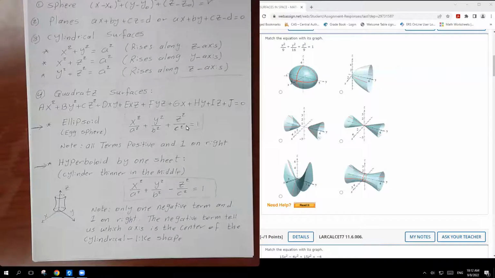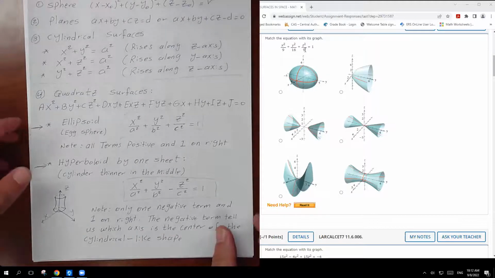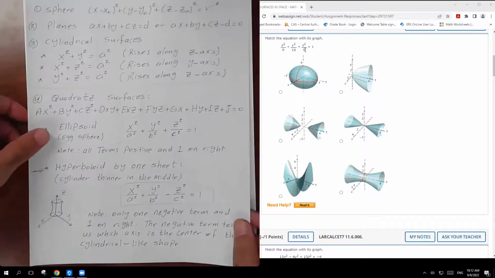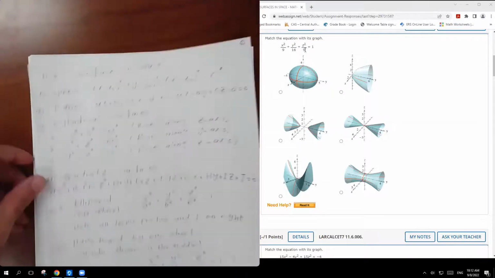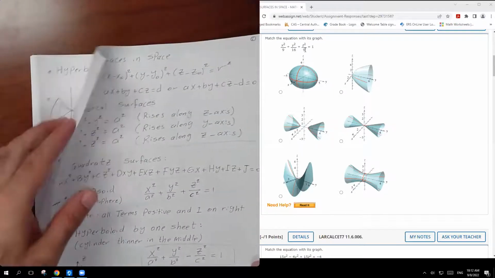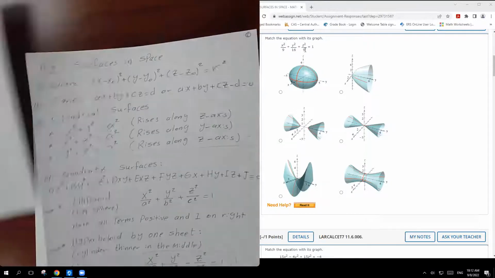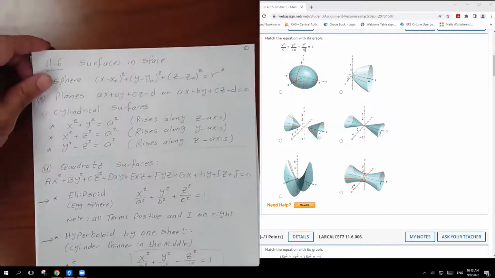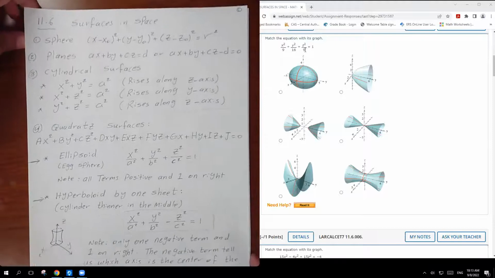If you look at the first example, x squared over 9 plus y squared over 16 plus z squared over 9 equals 1. You see all the terms are positive and 1 on the side.